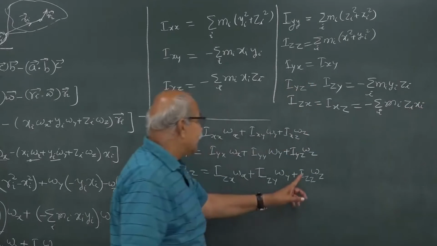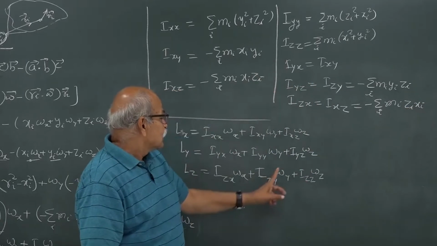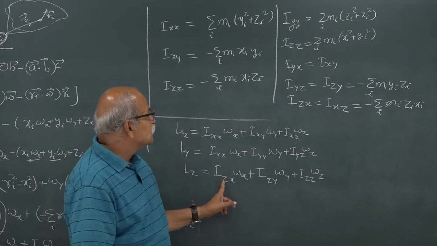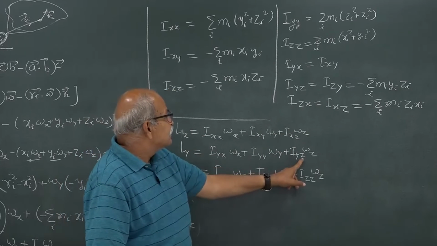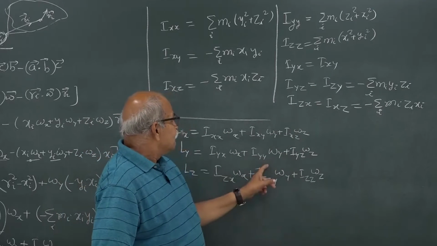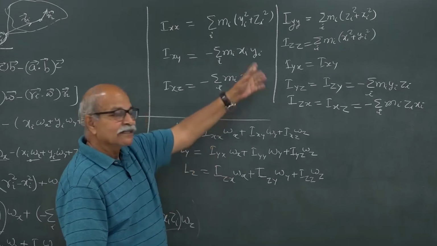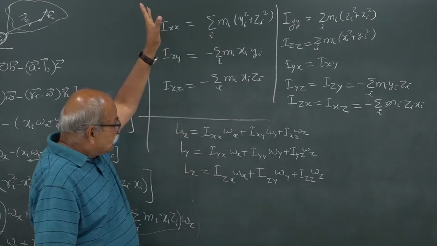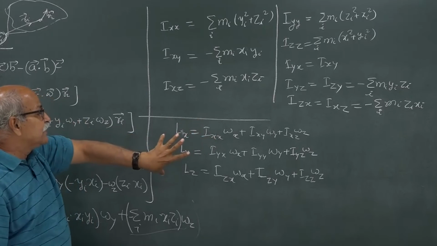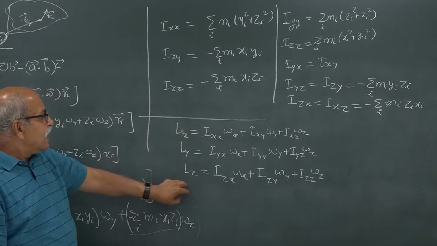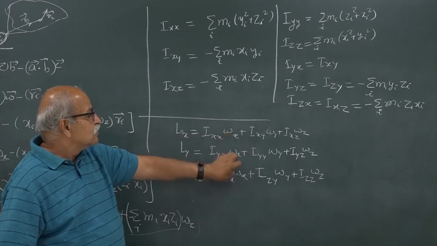So, I have written everything: Izz, Izy, Izx, Iyz, Iyy, Iyx. So, this is the relation between angular momentum components and these omega components.